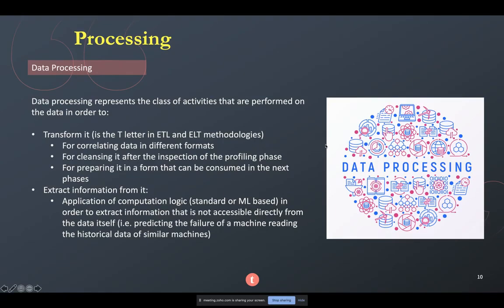So you want to create this kind of prediction in order to anticipate the breaking of these devices for performing what we can call predictive maintenance. So you want somehow to predict the future, okay? And this is another form of processing of data. This is why here I said application of computation logic, standard or machine learning based.